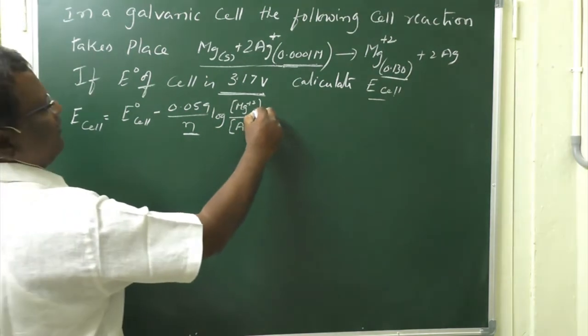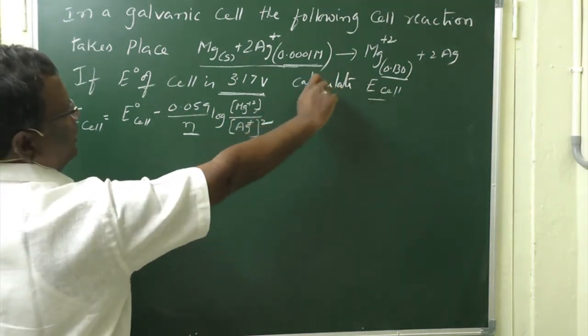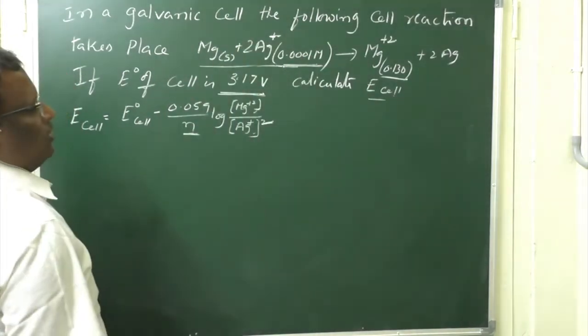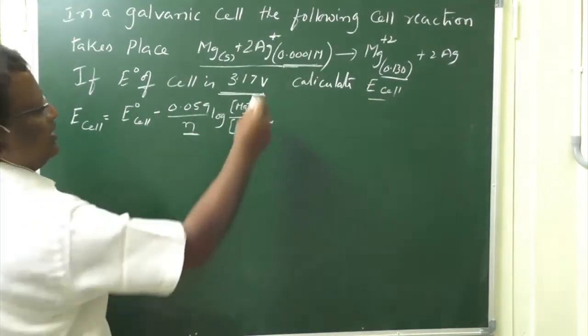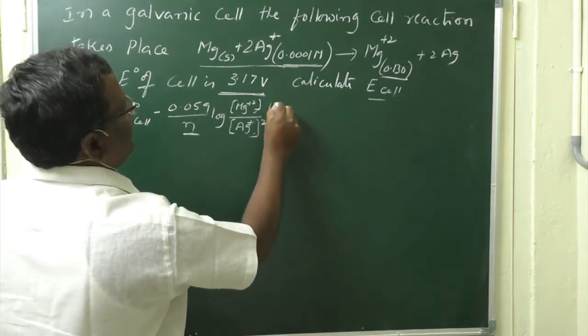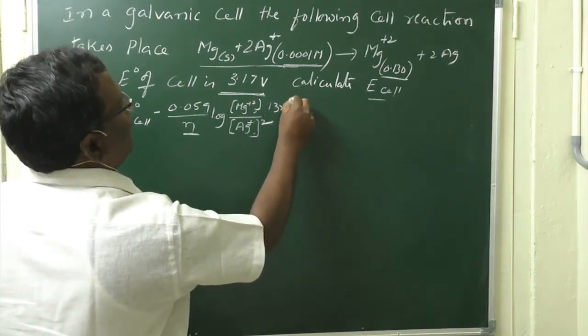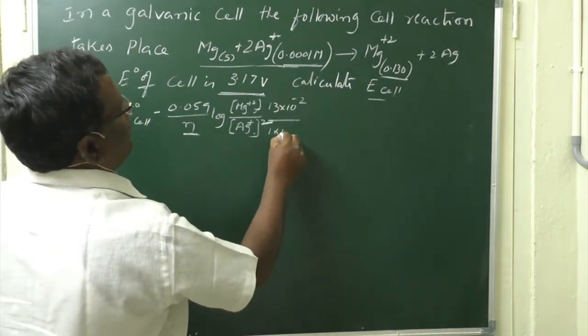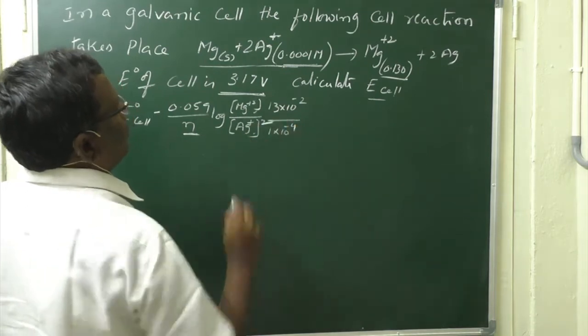And concentration of Mg2+ ions is 0.13 and concentration of Ag+ ions is 1 into 10 to the power minus 4. 0.13 can be written as 13 into 10 to the power minus 2, and 0.0001 can be written as 1 into 10 to the power minus 4.